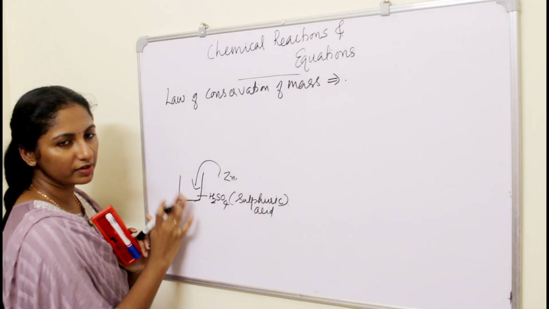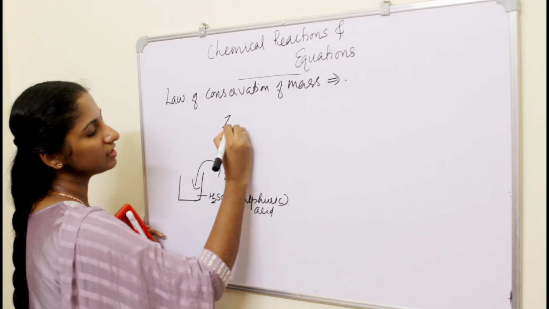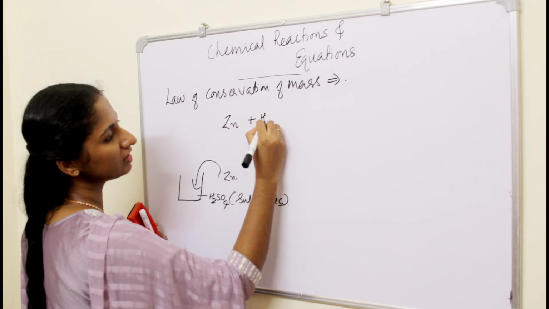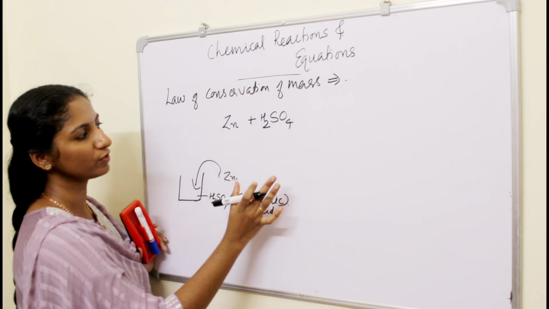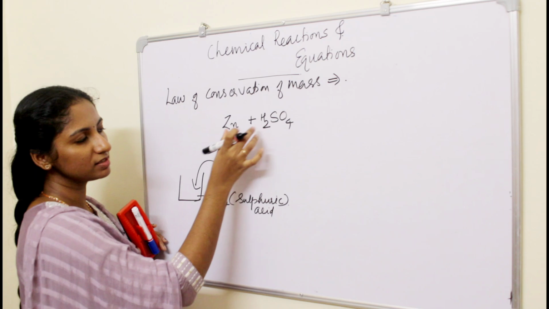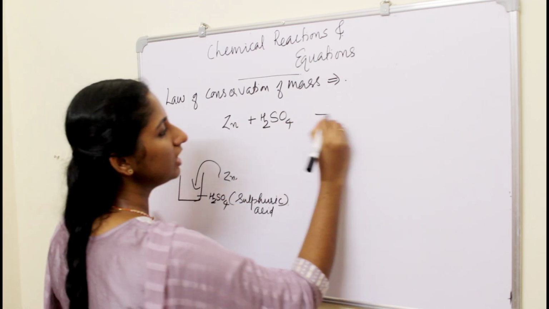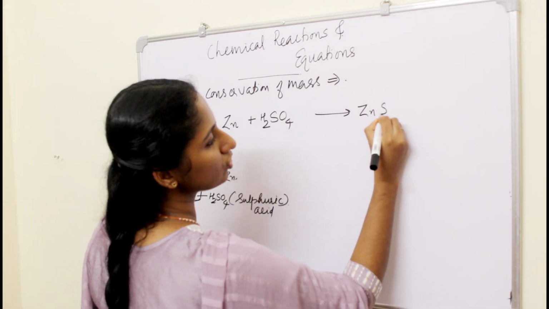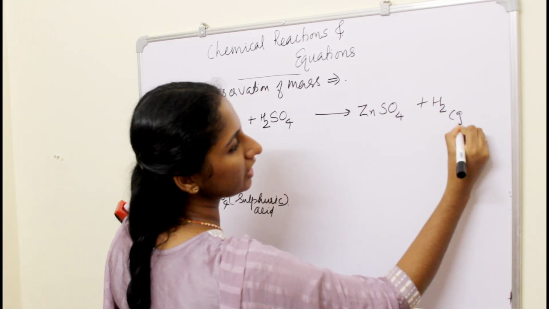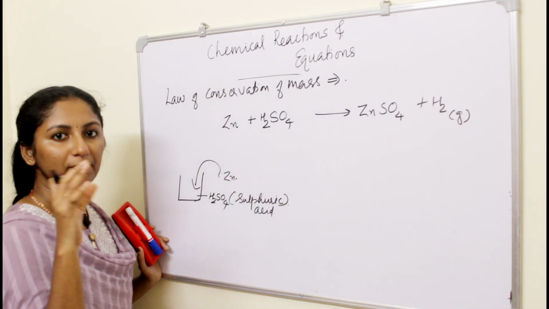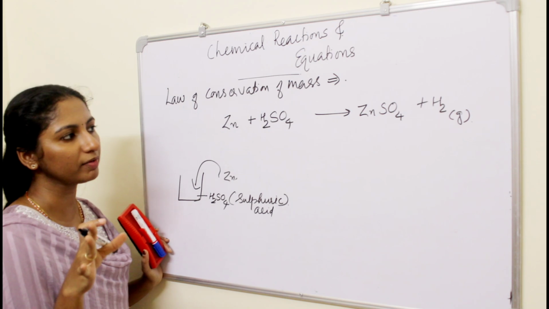We can write this reaction like this: when zinc metal reacts with sulfuric acid, the chemical formula for sulfuric acid is H2SO4. So when zinc metal reacts with sulfuric acid, we get ZnSO4, zinc sulfate, and H2. This H2 is in gaseous form. That's why we can see bubbles when we do this experiment, right?